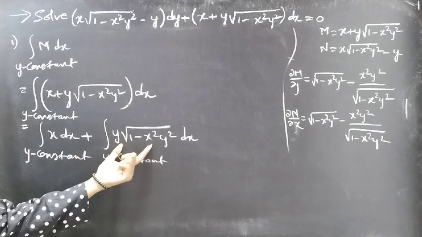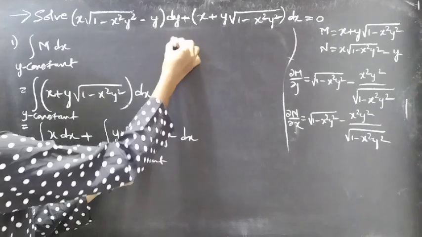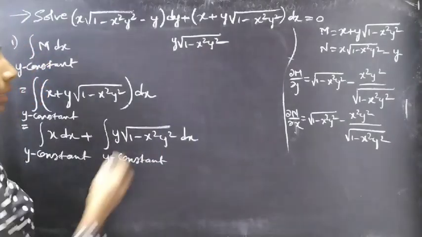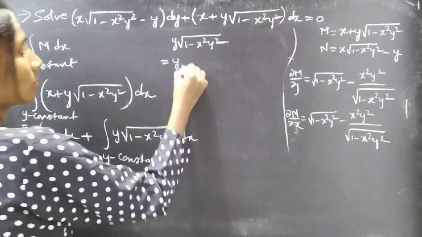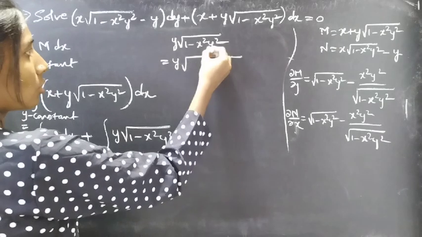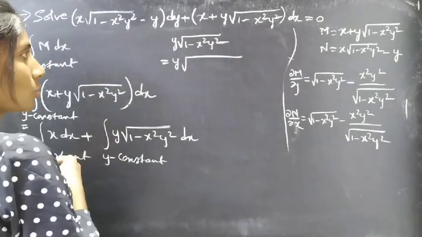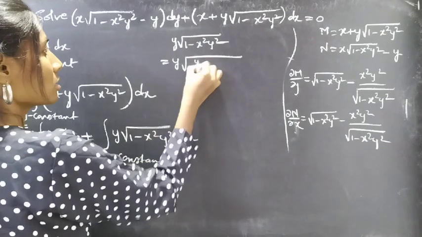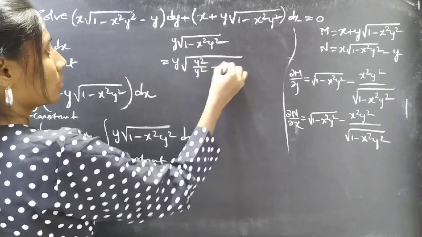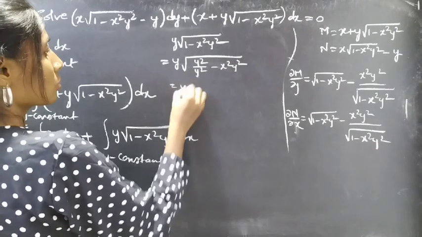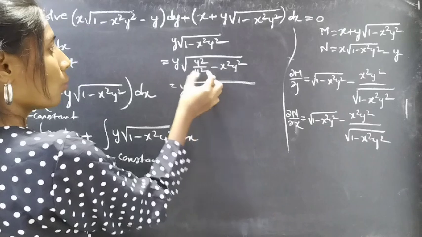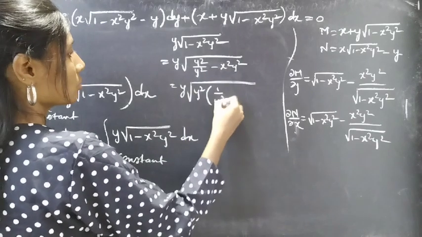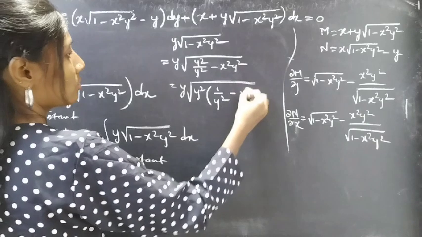So in the integrand of the second integral, we have y into square root of 1 minus x square y square, right? We can take this constant y square outside the square root. For that purpose, we can write 1 as y square by y square, minus x square y square, which is y into square root of, taking y square common from these two terms, y square of (1 by y square minus x square).